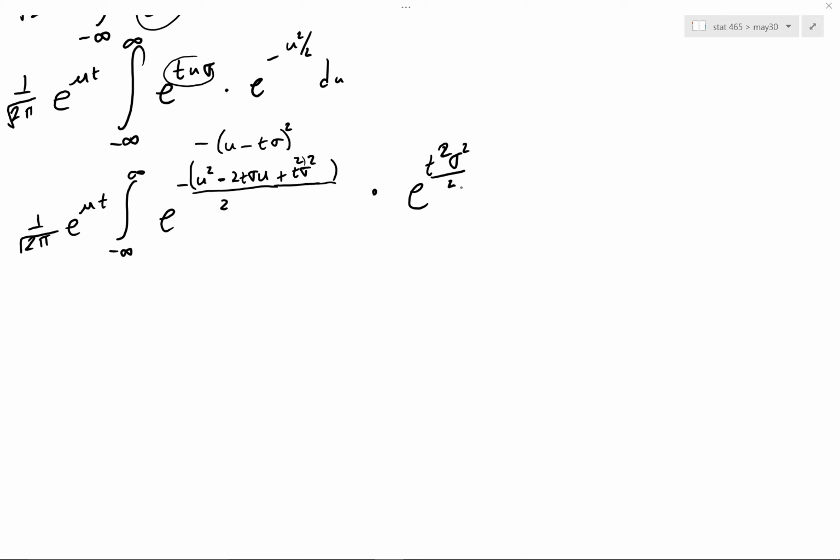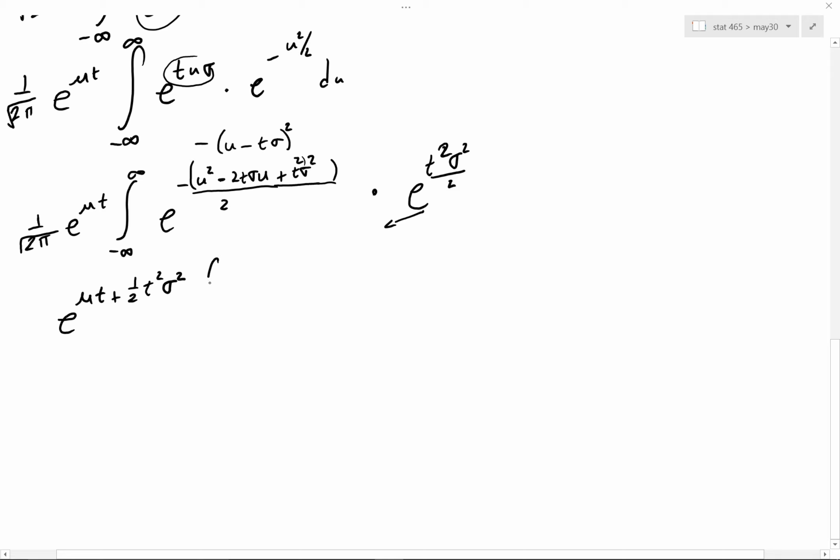Okay, now, let me do some rearranging again. I'm going to bring this out front. And then when I bring this bit out front out there as well, I realize, well, they have the same base, so that I can just rewrite this as, and I'm going to write it as 1/2 t squared sigma squared, if that's okay with you. Okay?